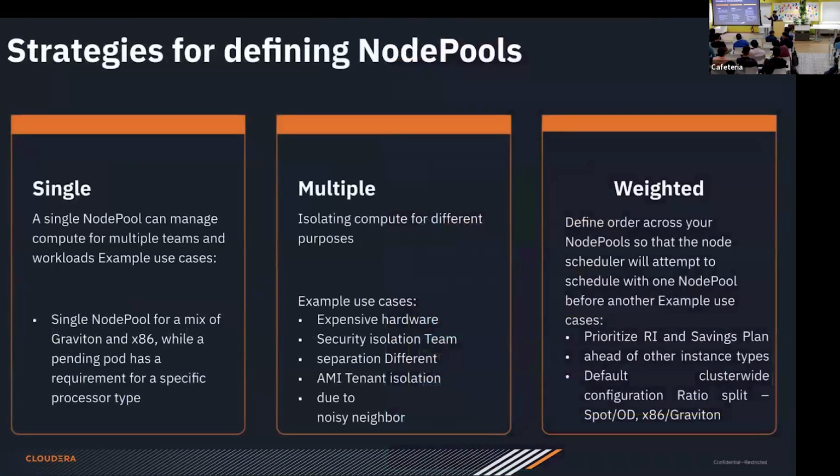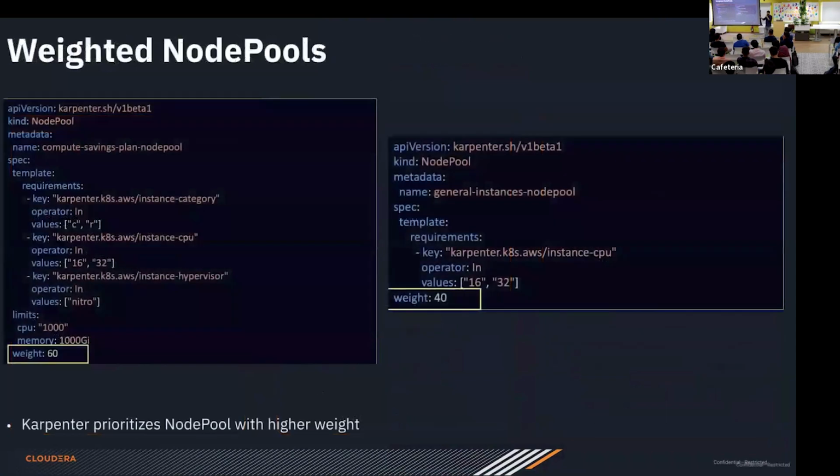Now, the different types of node pools. I've already talked about single. Multiple means you have multiple node pool files. The weighted concept is really interesting. As I talked about the reserved instances, how in practicality will you define that? For example, we have two node pool files, and first of all, I've not defined anything in both of them.